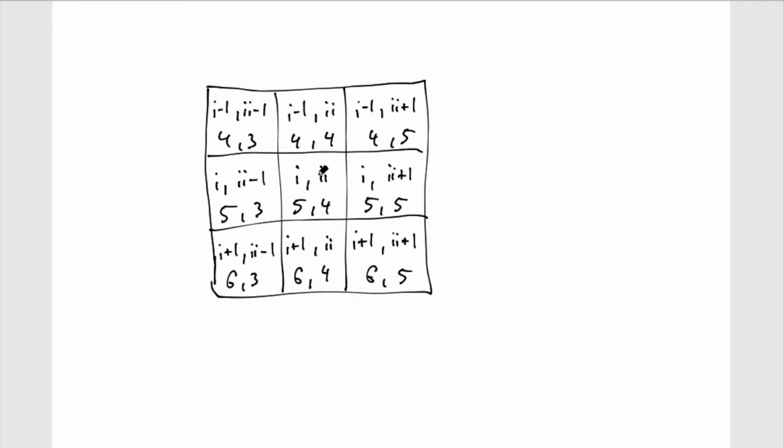So what we need to do is basically we need to say, well, starting from an I or an II, we have a range of allowable values.